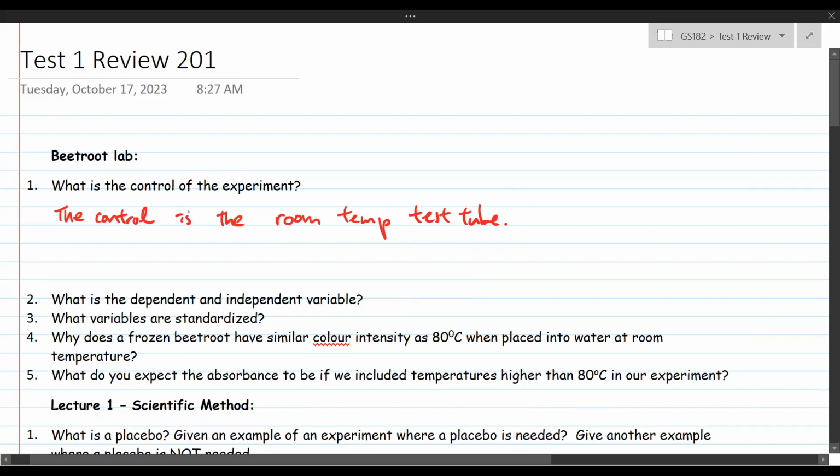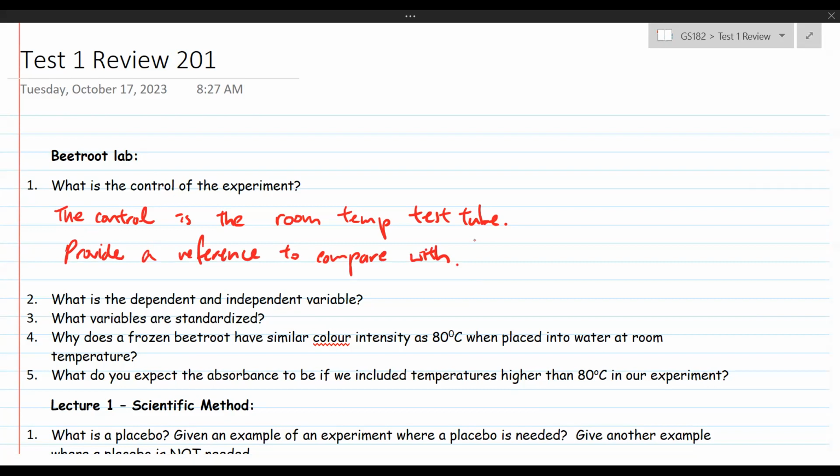The purpose of the control is to provide a reference to compare with. Without the control, how do you know what normal looks like? You don't. You need a reference to compare all the other test tubes to.